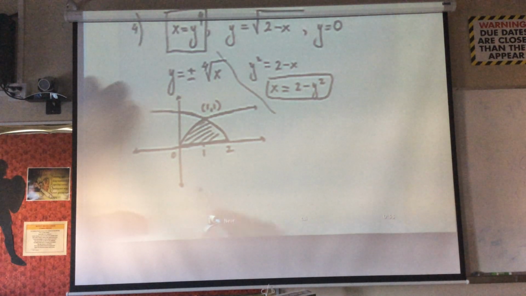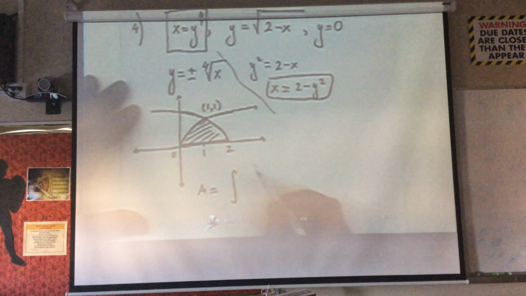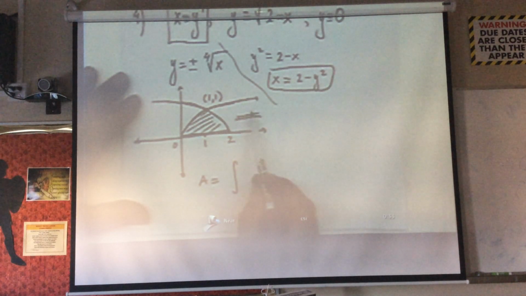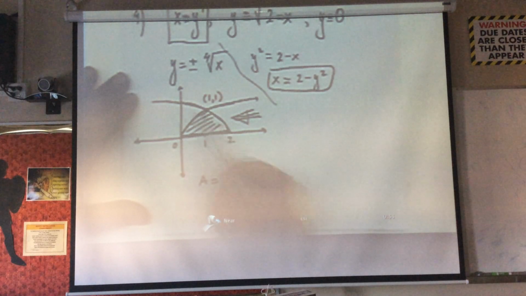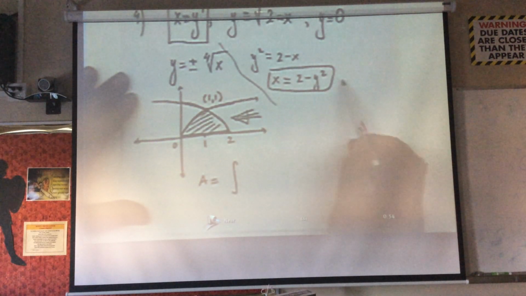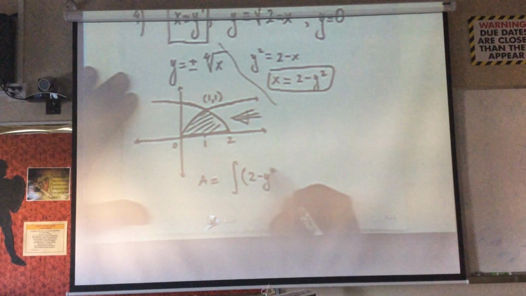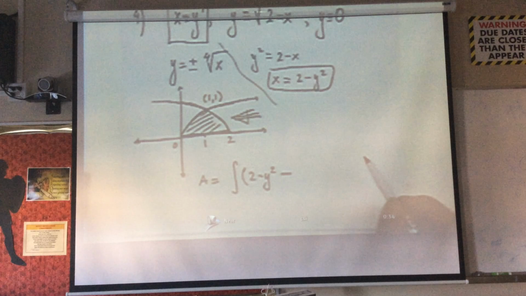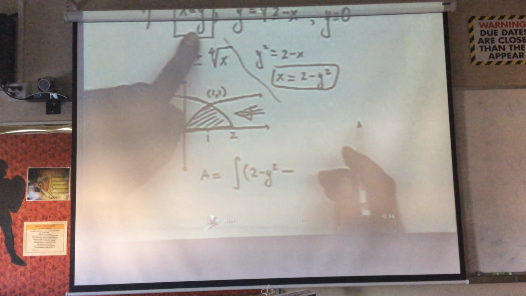All right, so now let's do it. So area equals integral. We'll put upper and lower limits in a moment. But remember, I go from right to left. So I have to work with this curve. And this is the one right here. Okay, that's the one. So I have 2 minus y squared. And then I will subtract that. The second one, right, this piece, which is what?